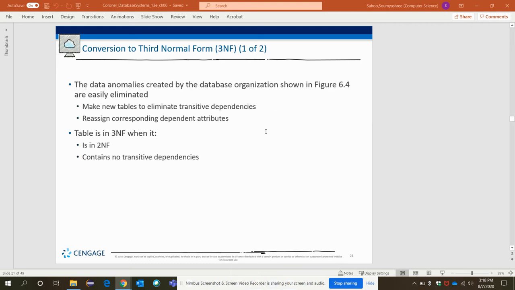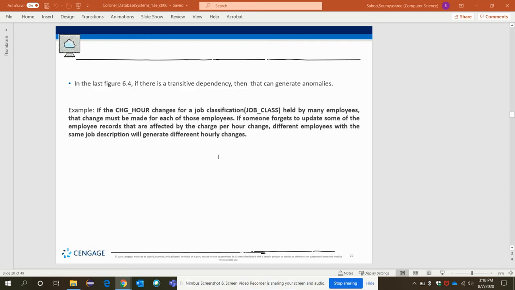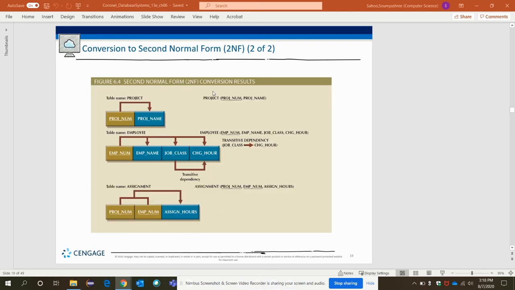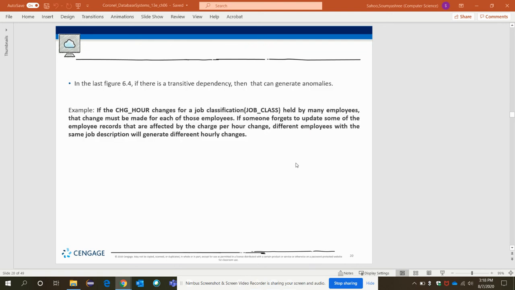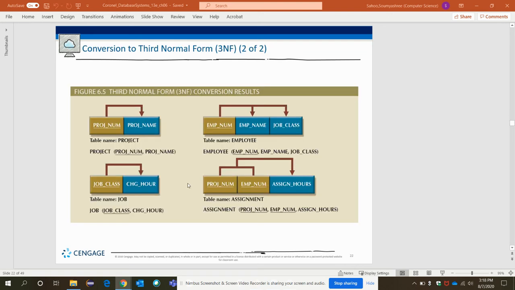Let's move on to our third normal form. As per the rule of third normal form, all the relations should be in second normal form, and there shouldn't be any transitive dependency. Among all these, which one is the transitive dependency? This one. So let's take it to a different relation.